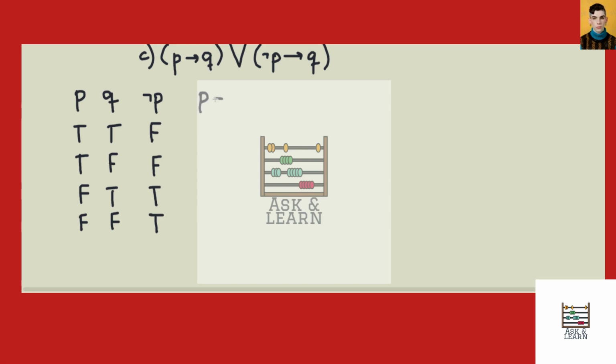P, conditional statement, Q. Again, we know that for the conditional statement, if the first proposition is true and the second proposition is false, it'll be false. Anything else, it's true. So we're looking at the first two columns for this one. So true, true, it'll be true. True, false, it'll be false. And then it's false, true, that'll be true. And false, false, that'll be true.